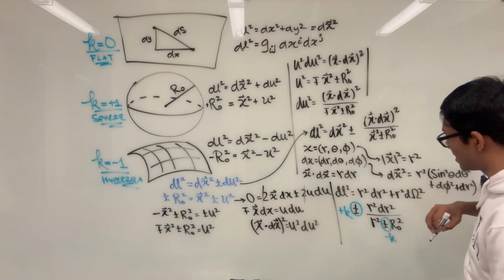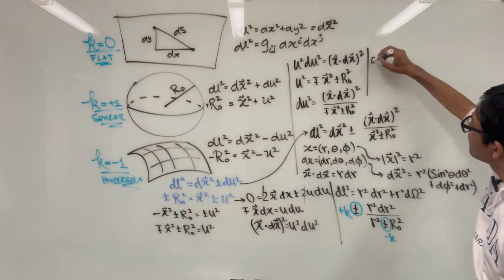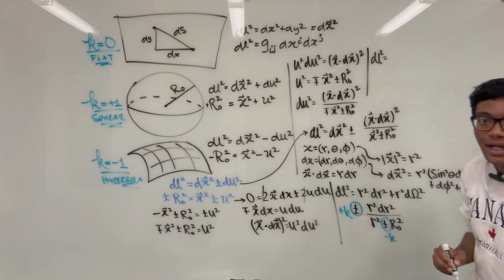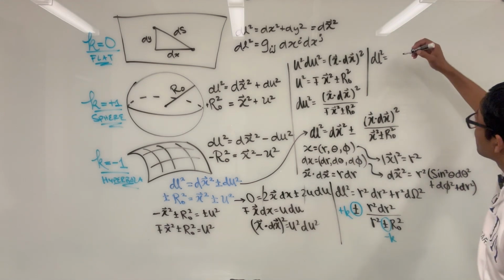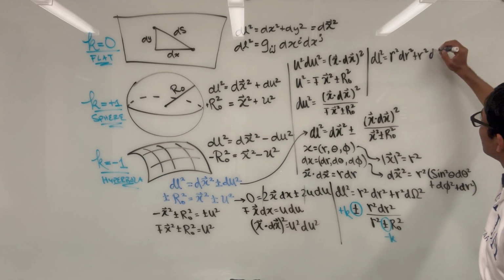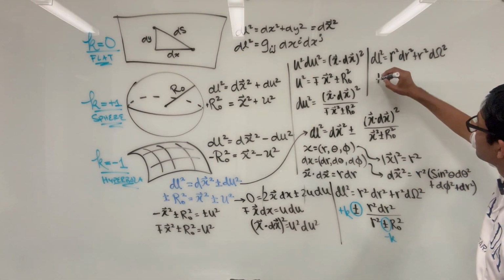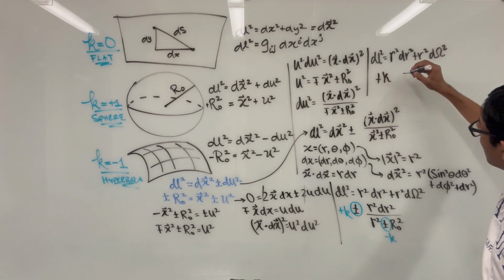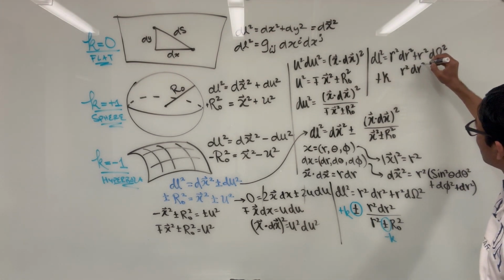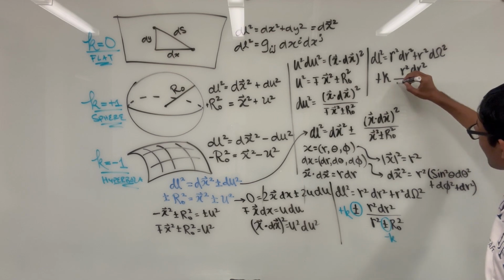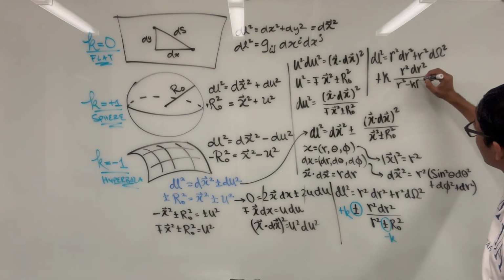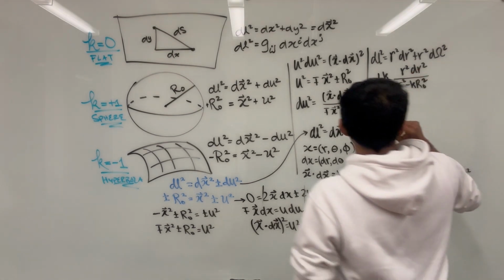So dl squared, a tiny step in my toy universe, is going to equal dr squared plus r squared d sigma squared, and then plus k r squared dr squared divided by r squared minus k r naught squared.